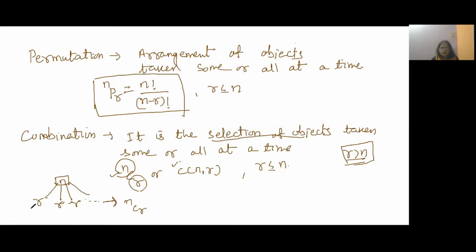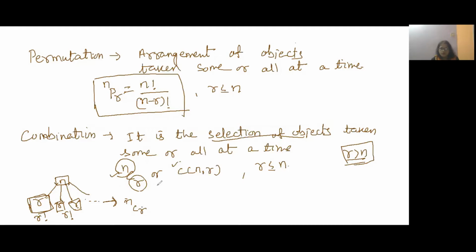Okay, now here you see how many ways these objects can be arranged. If you look at these objects now, each combination contains r number of objects, because out of n we are selecting r at a time. So these r objects can be arranged among themselves in r factorial ways. Similarly, these r objects can be arranged among themselves in r factorial ways, like this. So you have nCr number of combinations.